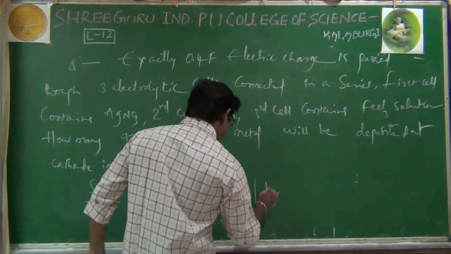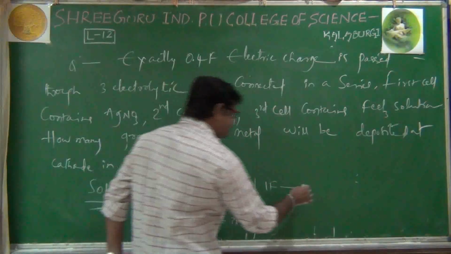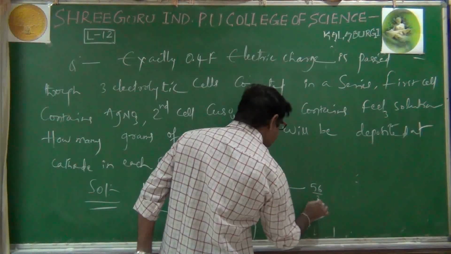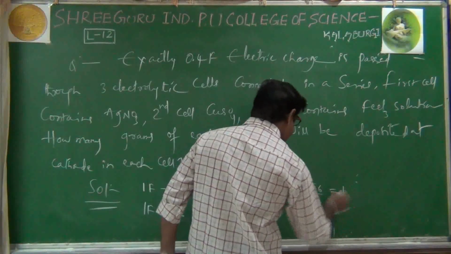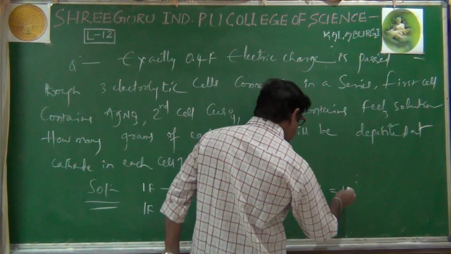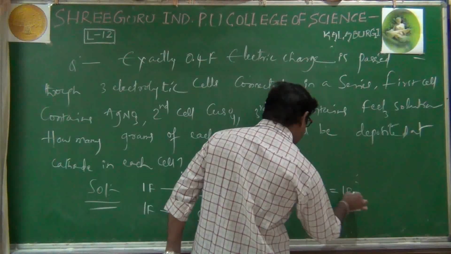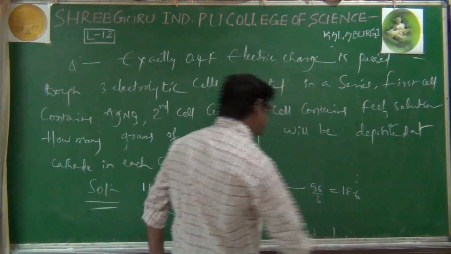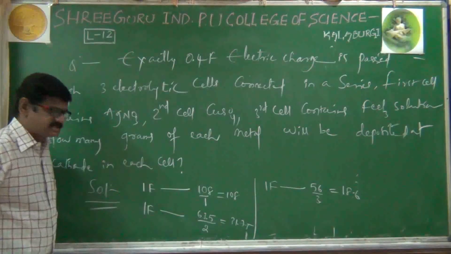If I send 1 Faraday only, the atomic mass of iron is 56 divided by valency 3. Ferric chloride is nothing but 3. Then its corresponding amount is nearly 18.6 that will be deposited if you send 1 Faraday into 3 different electrolytic cells, right?